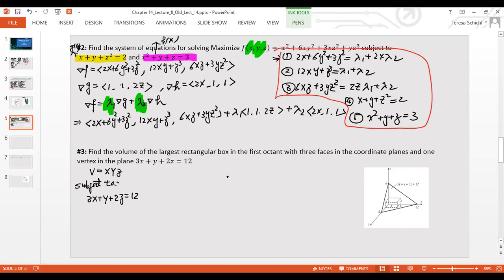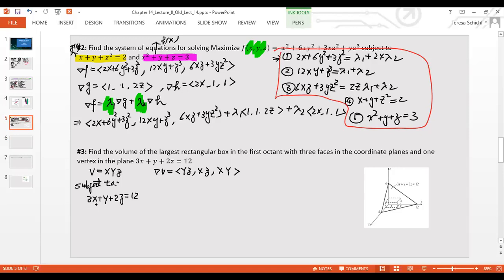So we use the Lagrange multiplier. We say del v will be what here? Del v will be f of x, so it's yz, f of y is xz, and f of z is xy.